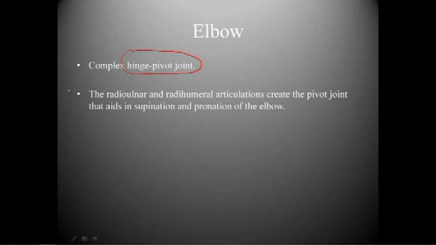We see that the radio-ulnar and radio-humeral articulations create the pivot joint that aids in supination and pronation of the elbow. So without these two joints, the radio-ulnar and the radio-humeral, there would probably be no way to articulate the elbow other than possibly flexion and extension. Pronation would be impossible.